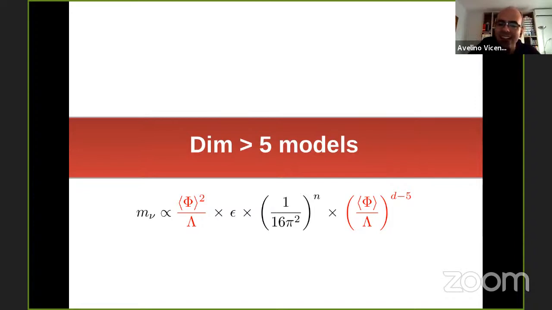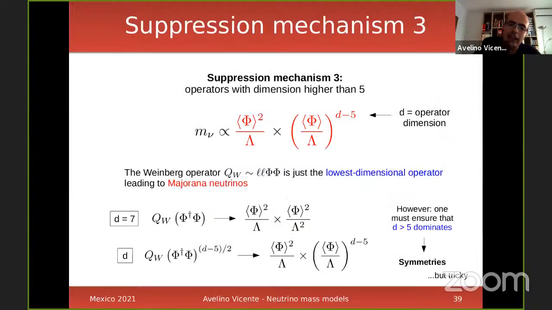Let me move to models that induce neutrino masses with operators of dimension larger than 5. The idea, again, is to suppress neutrino masses as much as possible in such a way that lambda does not need to be that large. That way you can have masses for the new particles at lower scales.